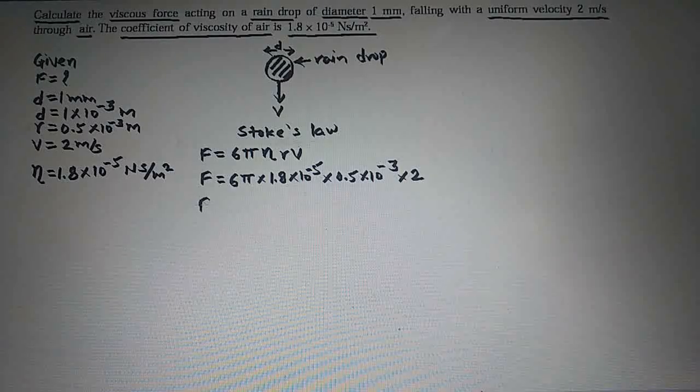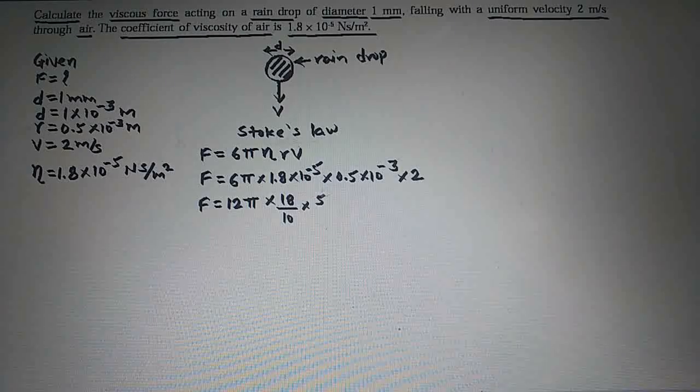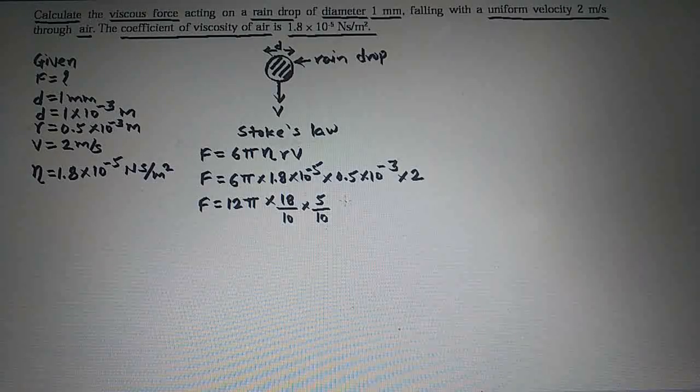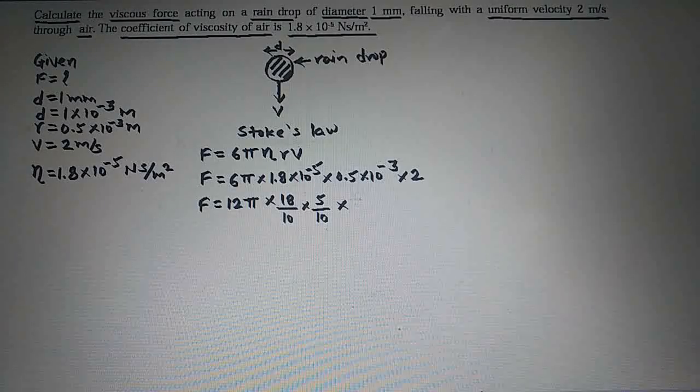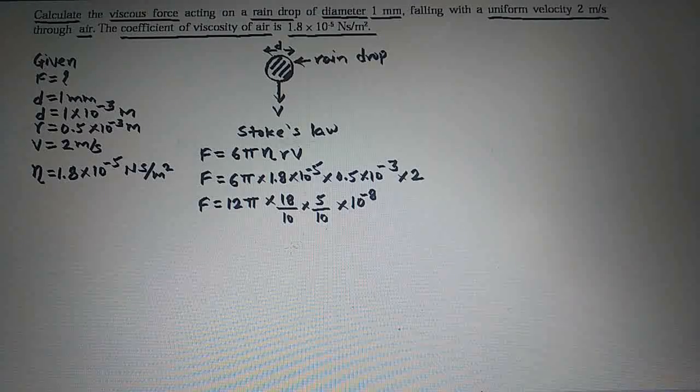Next we will write F is equal to 6 into 2, it will be 12 pi into 1.8. We can write this 1.8 as 18 divided by 10 into this 0.5, we can write this as 5 divided by 10 into this 10 raised to minus 5 into 10 raised to minus 3, it should be equal to 10 raised to minus 8 here.